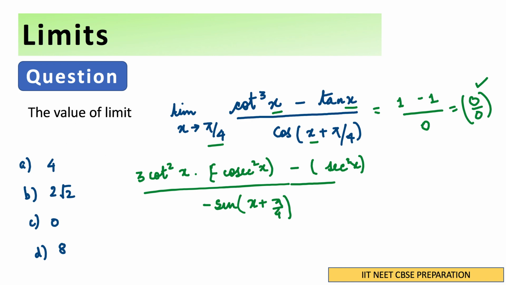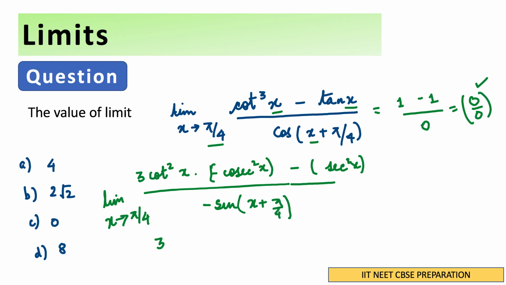Now we have the limit as x tends to pi by 4, so let us substitute this value. We have 3 cot square x. You can either convert all these expressions into very simple forms, like sine and cos, and then solve it, which becomes easy because you only have to remember the values of sine pi by 4 and cos pi by 4.